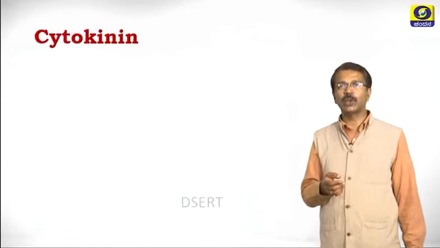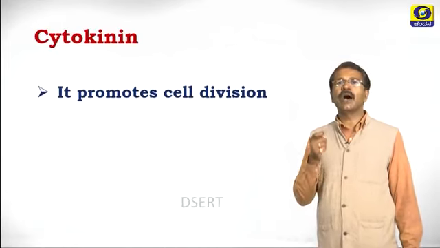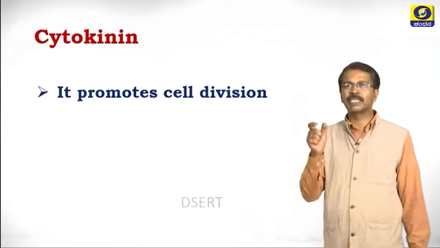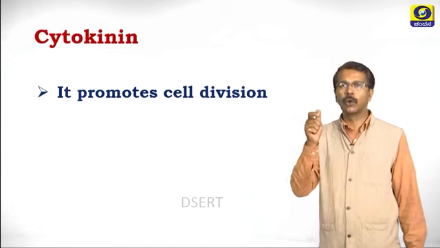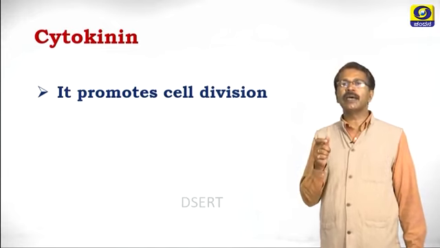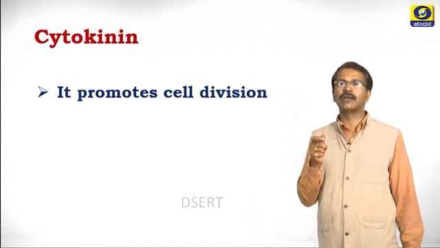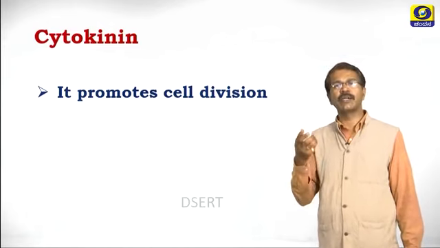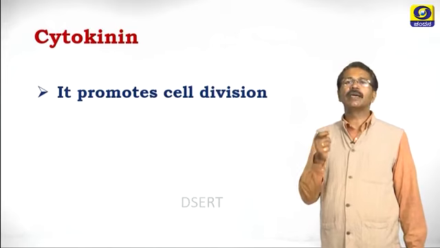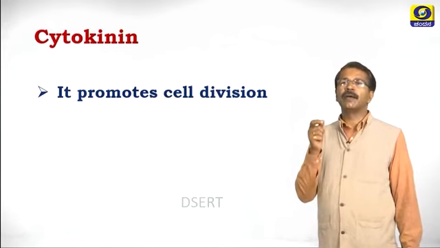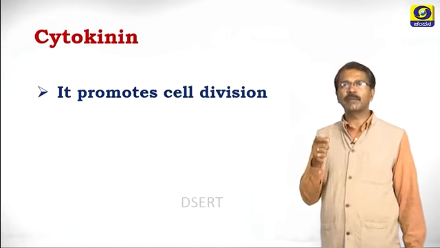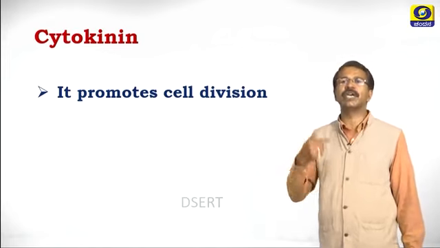Next is cytokinin. Cytokinin promotes cell division. Once a cell attains its maximum size, it has to undergo cell division. Somatic cells undergo mitotic division, and reproductive cells undergo meiotic division. Here, this somatic cell division occurs because of the presence of cytokinin. That means it fastens the cell division.